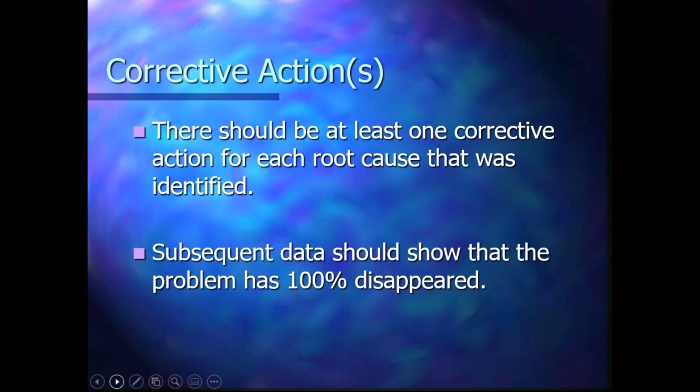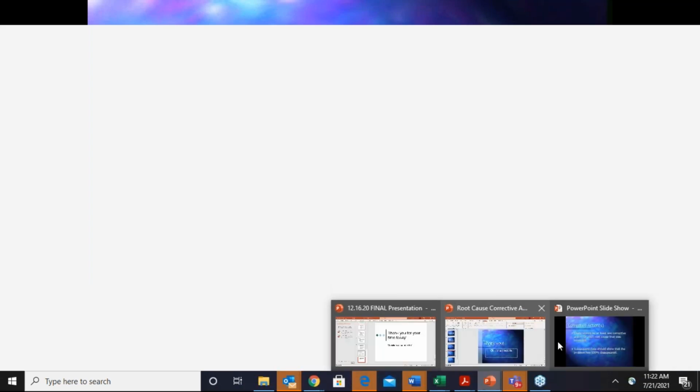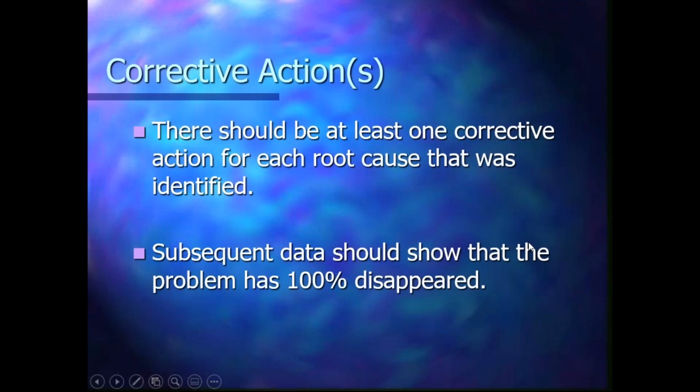So when we were able to demonstrate that our corrective action of making it impossible to put a left-hand part in a right-hand box clearly demonstrated that the problem had 100% disappeared, then we knew, in fact, that we had the true root cause.